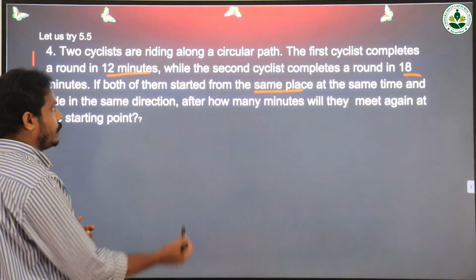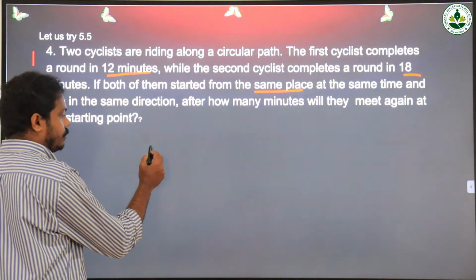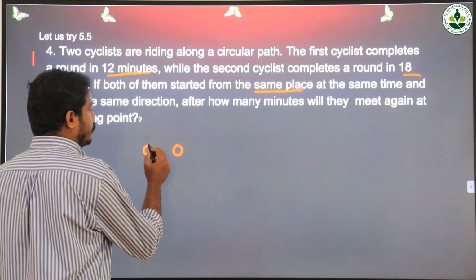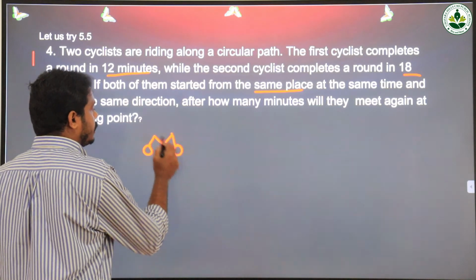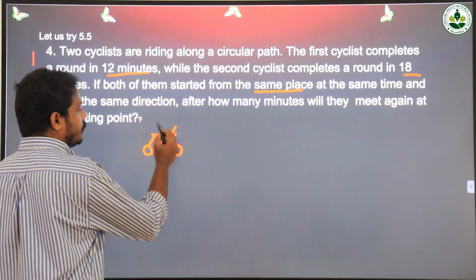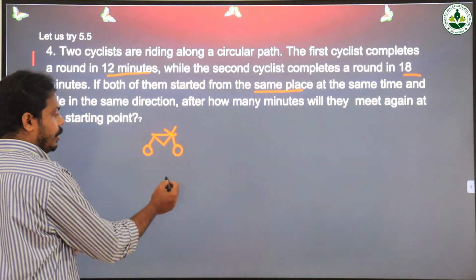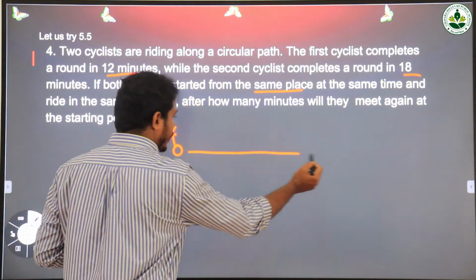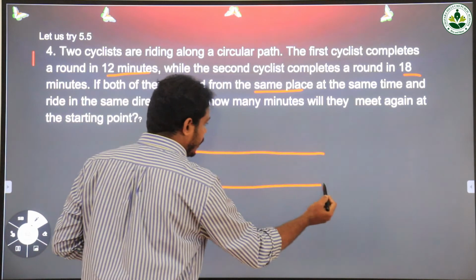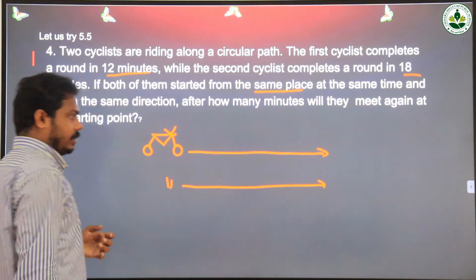The question is, two cyclists start cycling from the same starting point, at the same time, and they ride in the same direction.